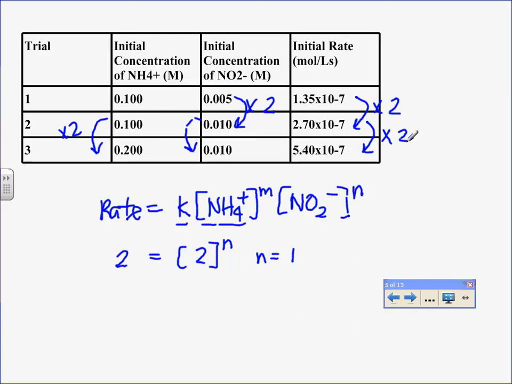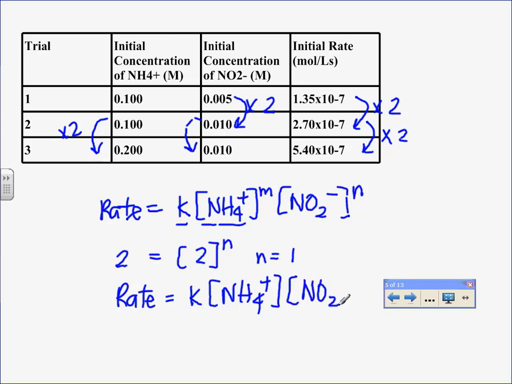As we saw from our previous example, when the rate is doubled with the doubling of the concentration, that means that the exponent must be 1. So for this particular rate law, both the exponents are equal to 1. So the formal rate law is NH4+ times NO2-.